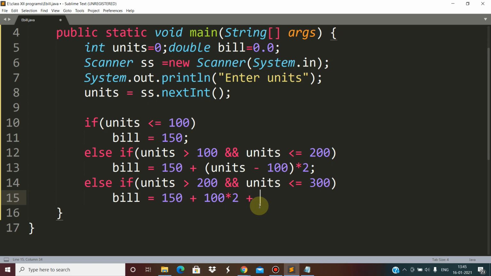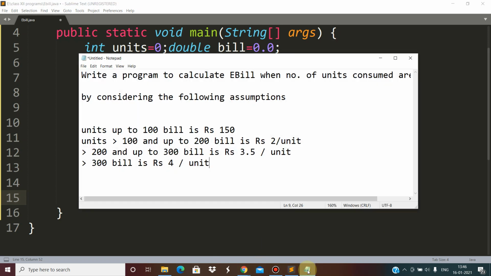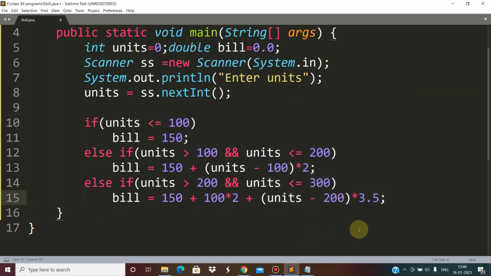So we have covered up to 200 units now. And now we have to see how many units are left. So for that, what to do? Units minus 200 into 3.5. Yes, that is 3.5.